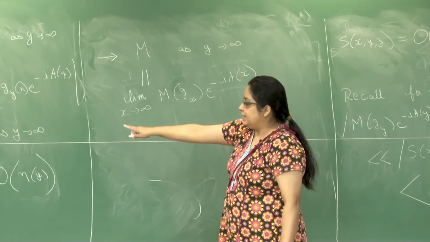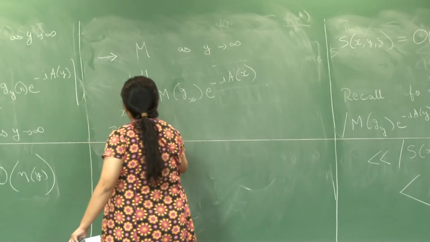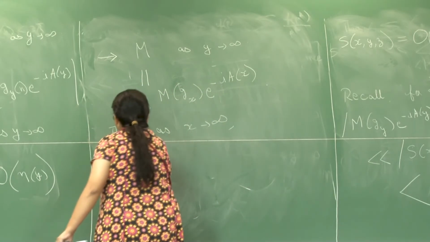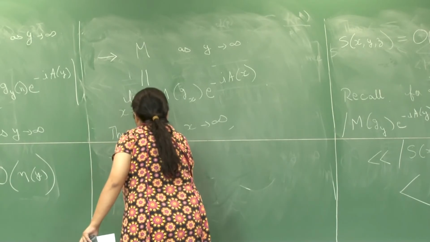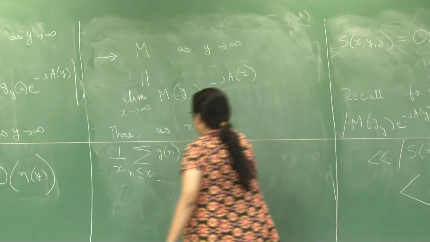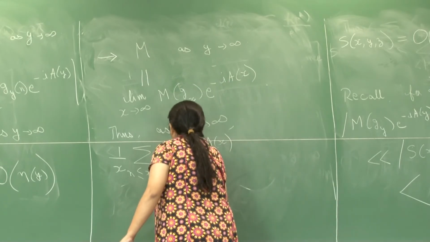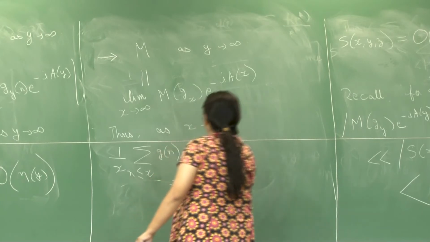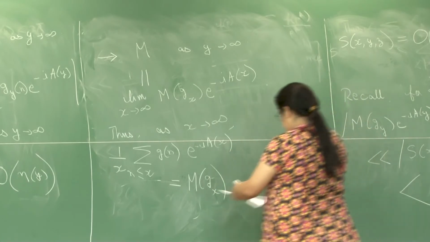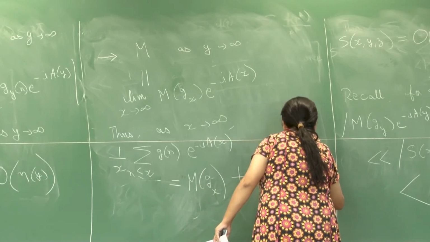But what does this eventually tell you? That as x goes to infinity, what do we have? 1 by x summation n running up to x, g sub x of n, which is exactly equal to g of n since n is at most bounded above by x, times e raised to the minus i a of x, is equal to this m of g sub x plus little o of 1 as x goes to infinity.